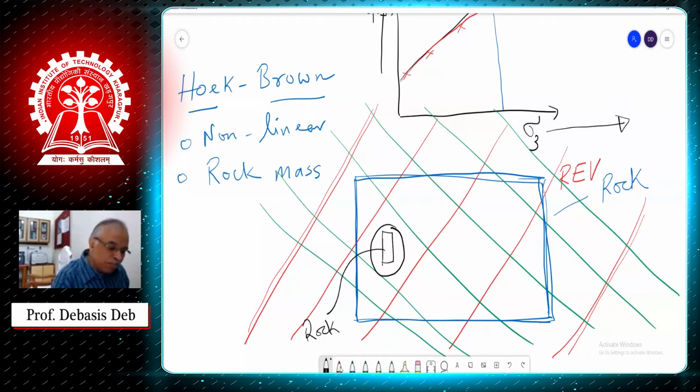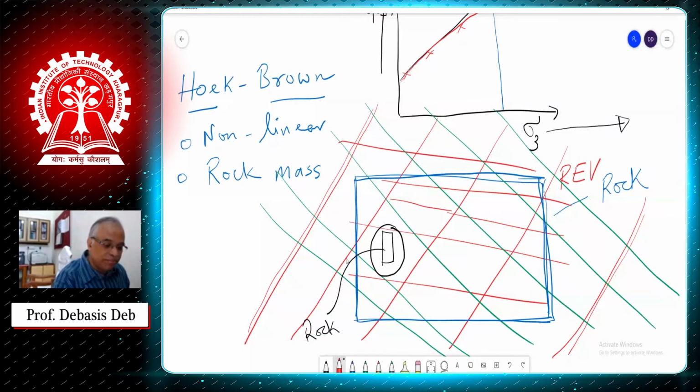I can make it more complicated. This can be more jointed like this, maybe 3 sets of joint. It is going like that. Now, let's say you have to make a tunnel here. So this one will become the tunnel now.